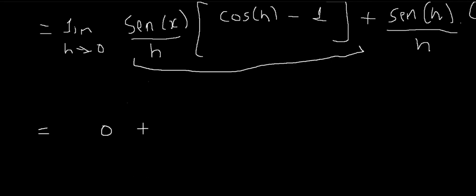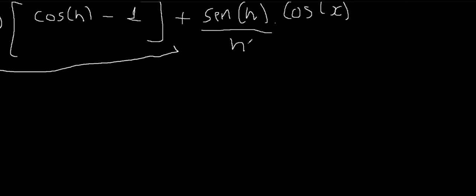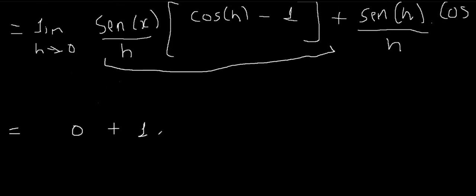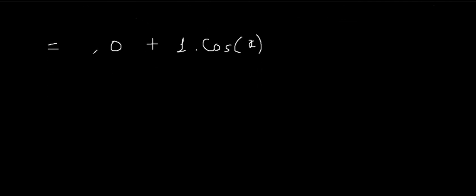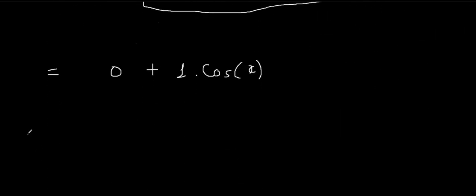Further sine of h divided by h is 1, and so the cosine of x. Therefore, deriving the function sine of x gives cosine of x.